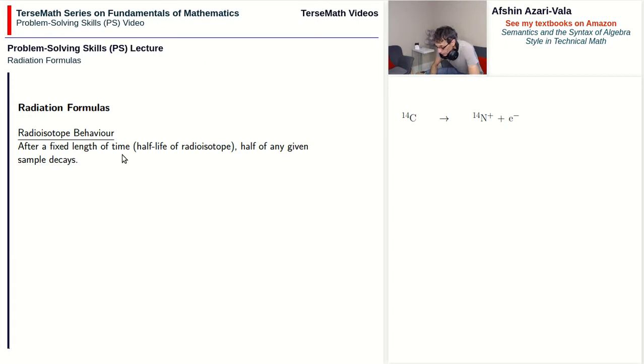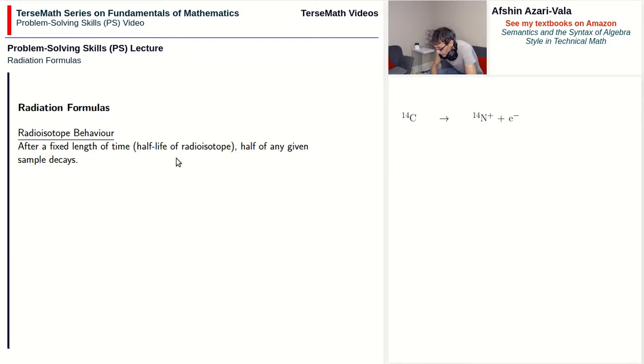But whatever the length of time for the particular radioisotope you're looking at, let's say, for example, 8 days, every 8 days, half of whatever you have decays. By decay, we mean that it changes. For example, in this nuclear reaction that you see here, carbon decays into nitrogen. This actually is the case for iodine-131.